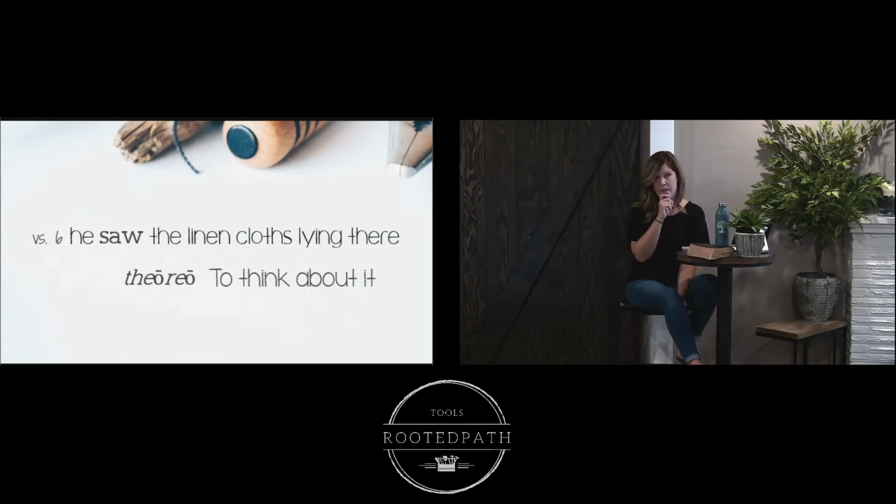He notices there's linen cloths over there, and this face cloth right here. What does that mean? He's really processing the tomb that is empty. He's thinking about it. What does it mean?